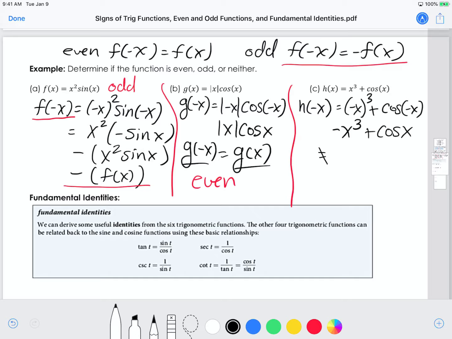This is not equal to h of x and is not equal to negative h of x. Negative h of x would be if I switched everything, right? Negative h of x, if you look up here, would be if I switch the sign of all of it. So the negative would be in front of the x to the third, and the negative would be in front of the cosine. So this is an example where you would have that it's neither even nor odd.